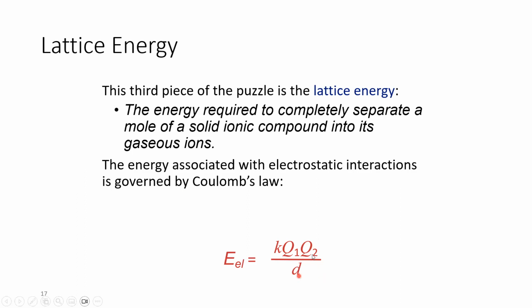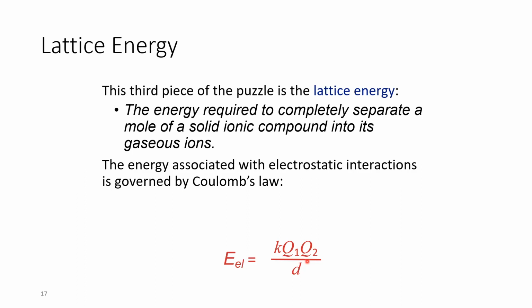And then with the distance, if you think about it, distance is on the bottom. So as we divide, if we make distance larger, as we divide by a bigger number, that's going to make the lattice energy smaller. So if we're thinking about increasing the strength of this electrostatic attraction, we want to either increase the charge of those ions.